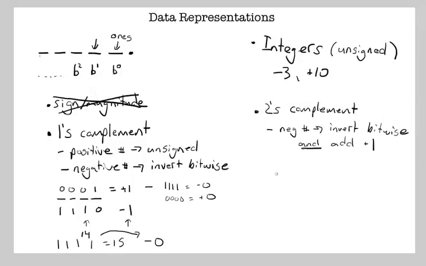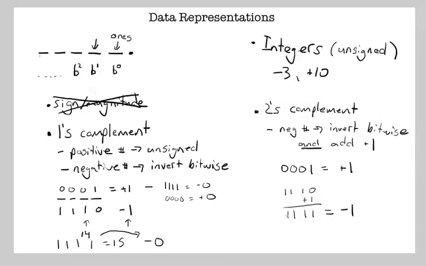If we have, again, 4-bit numbers, and we write 0001, that is equal to positive 1. And if we want to make a negative 1, we invert that, so 1, 1, 1, 0, and then we add 1 to it. So we get 1, 1, 1, 1. And under this system, that is what is called negative 1.